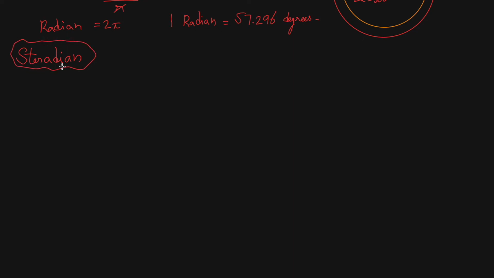The steradian is denoted by the symbol SR. And the steradian is used for measuring three-dimensional geometry, which is solid angle.